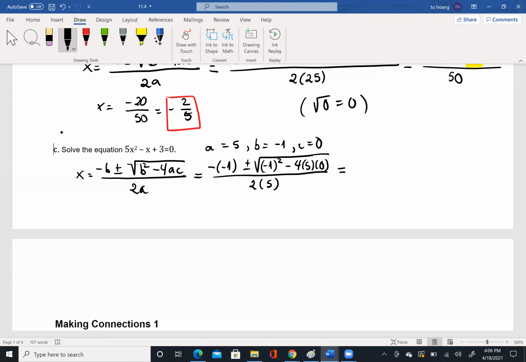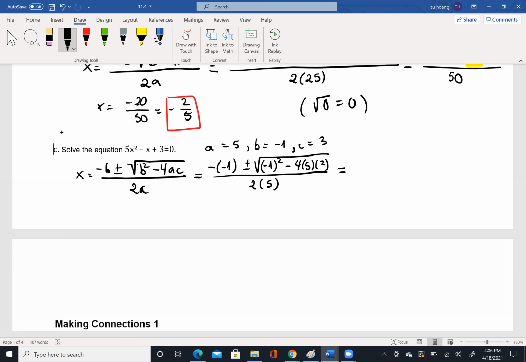So now, what do I have? Oh, why do I have C0 here? I made a mistake. C is equal to 3, right?